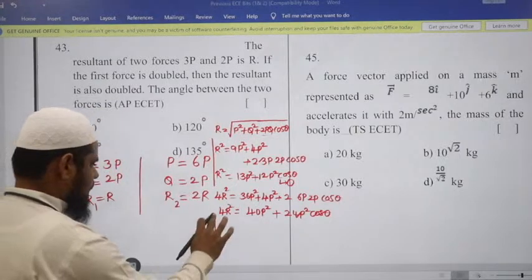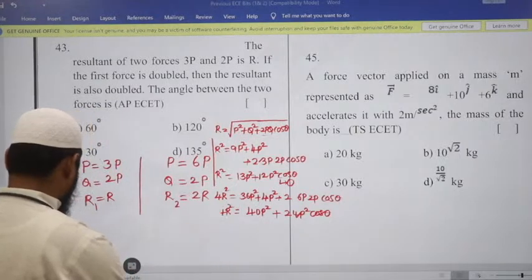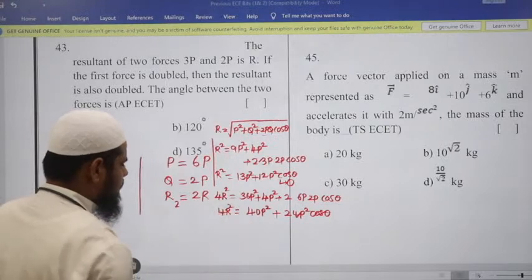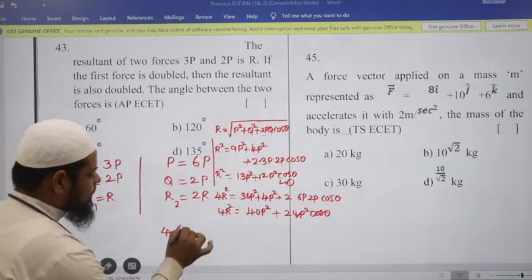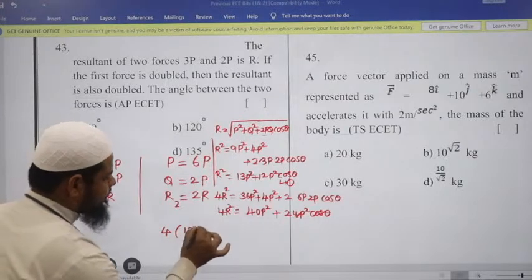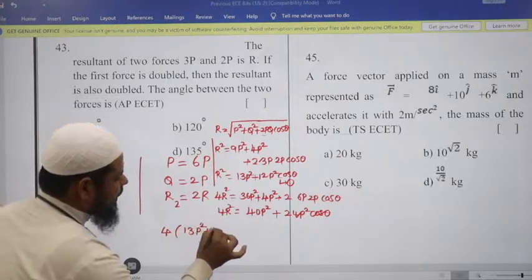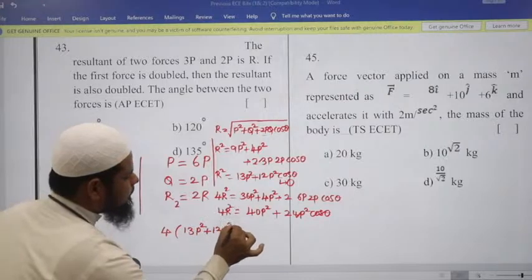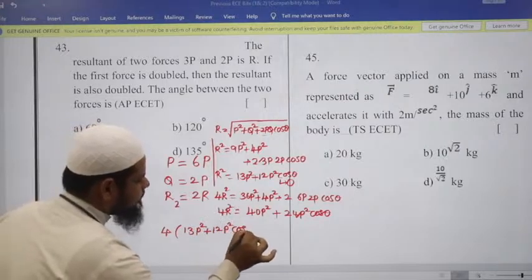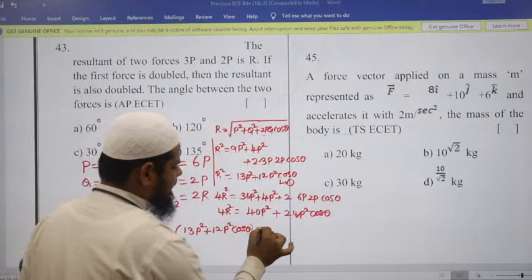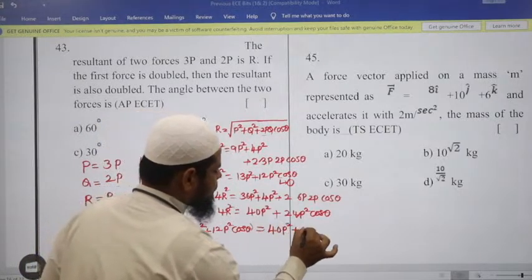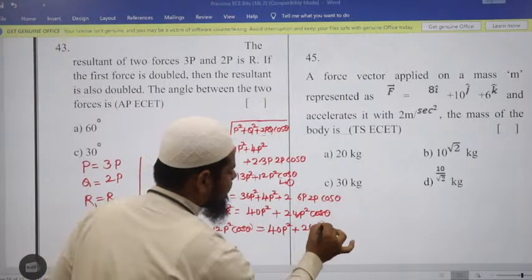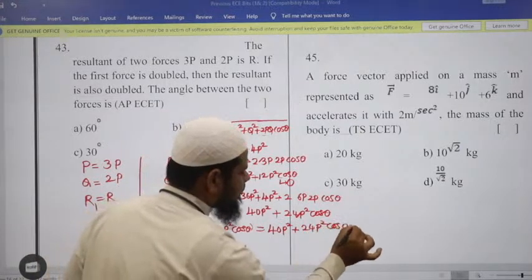Instead of R square, I can substitute that value. What is the value? 13P square plus 12P square cos theta is equal to 40P square plus 24P square cos theta.